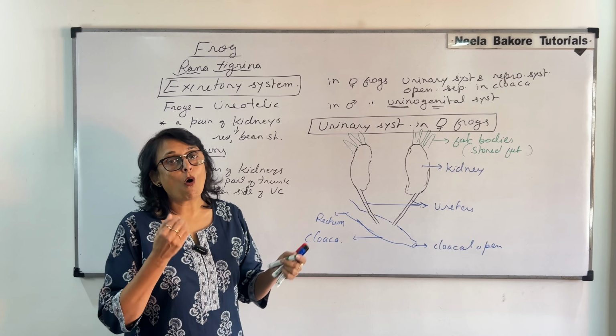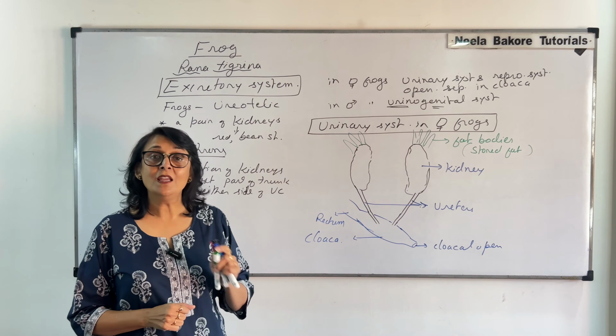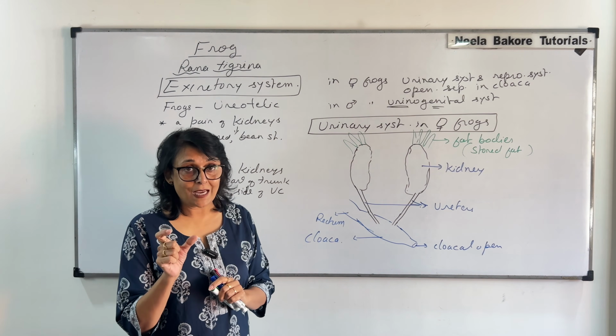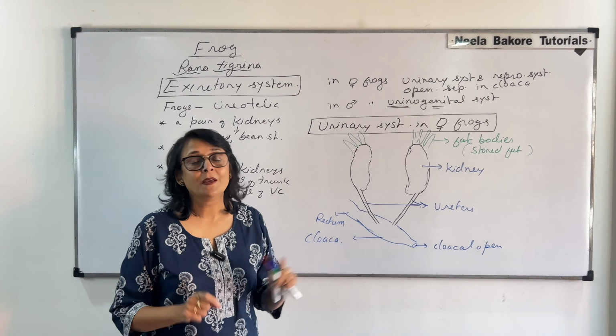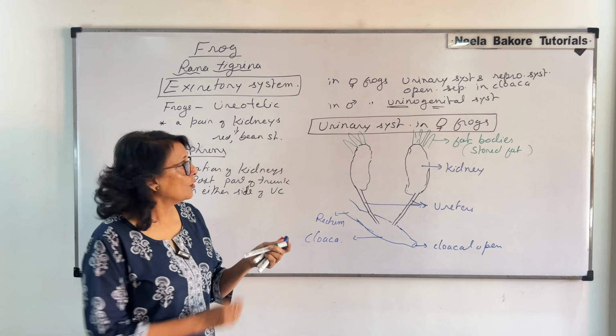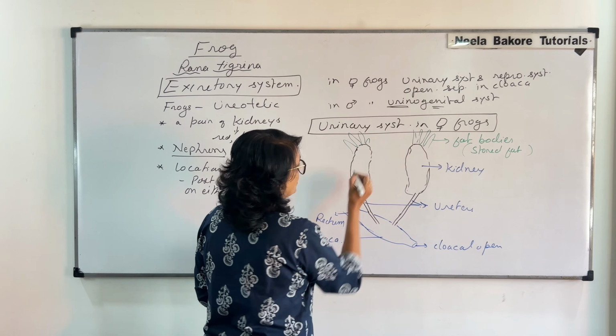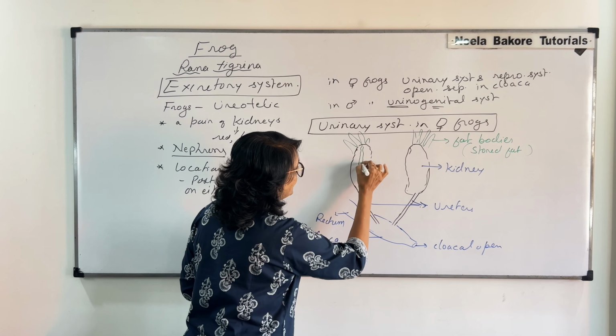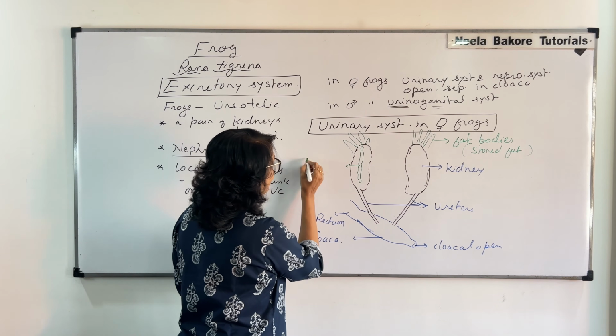That means all that reserve material has been used up during that period, because during this time of summer and winter sleep, the animal doesn't come out or eat anything. So the fat bodies will be reduced. Here on the kidneys, we would also find a gland, that is adrenal gland.